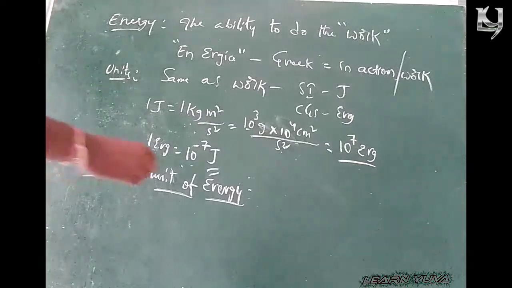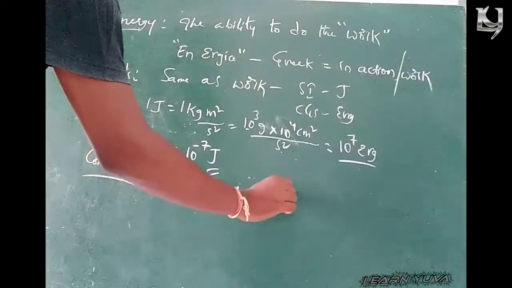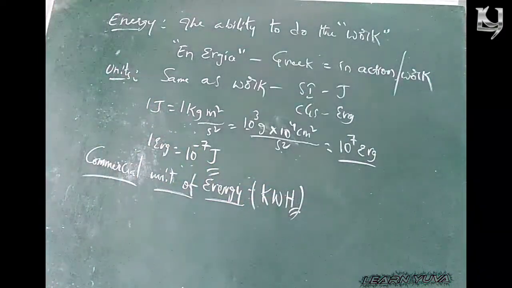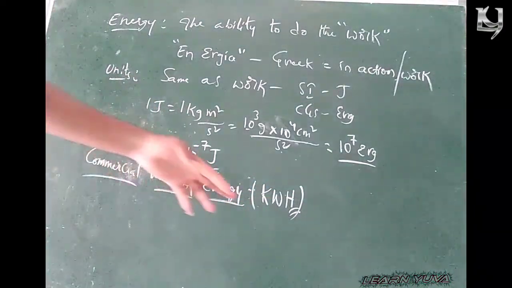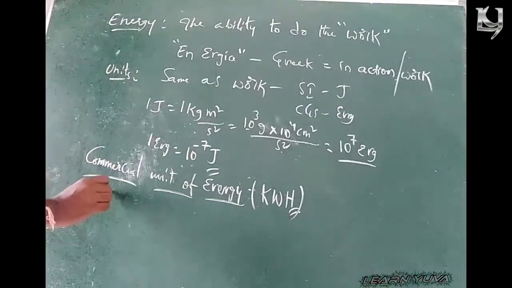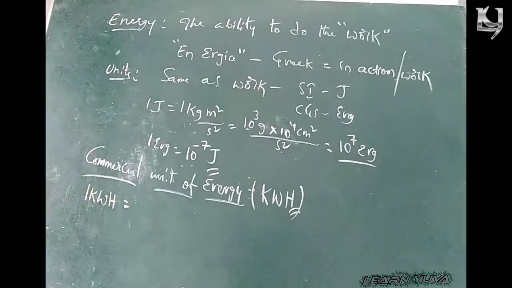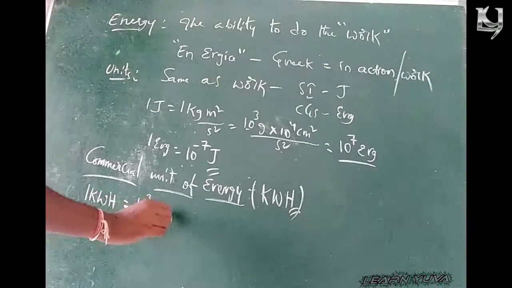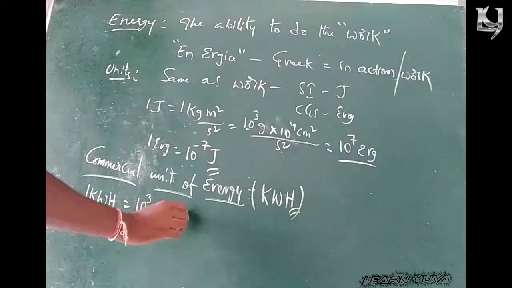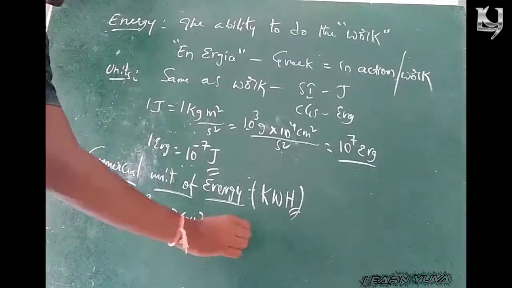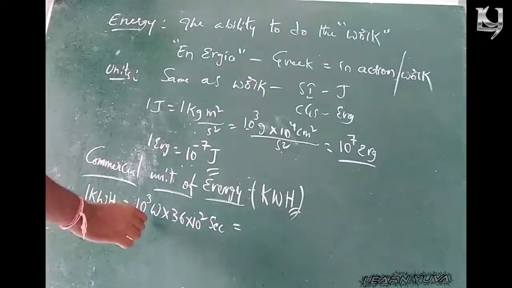So the commercial unit of energy is nothing but kilowatt hour. Kilowatt hour is the commercial unit of energy. So converting kilowatt hour to joules. 1 kilowatt hour is equal to 1 kilo, what is the kilo? 10 power 3 watt into 1 hour, which is 3600 seconds, 36 into 10 power 2.